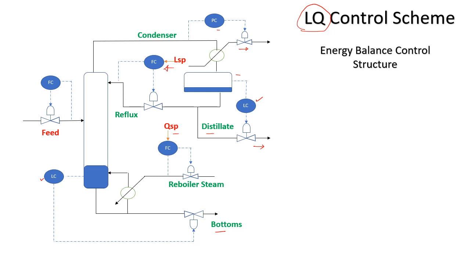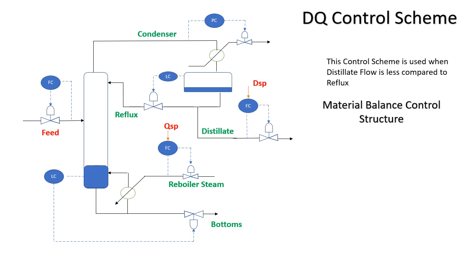This is quite natural. Now you have understood LQ. There are different variations of this control scheme that we will see in the following slides. Another control scheme that is available is DQ control. So in the case of the DQ, what we are doing, we are basically controlling the distillate.